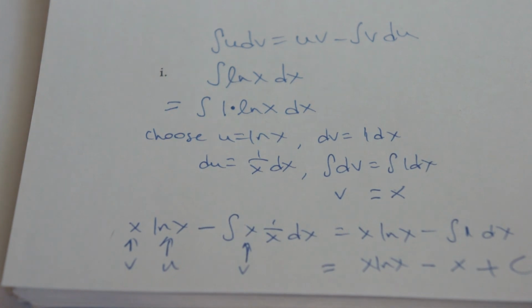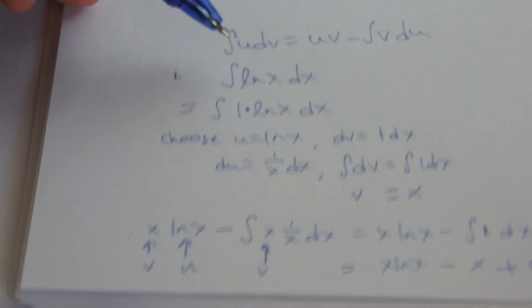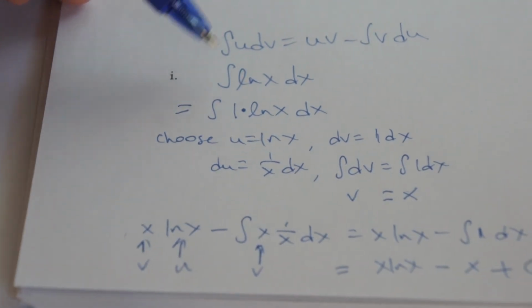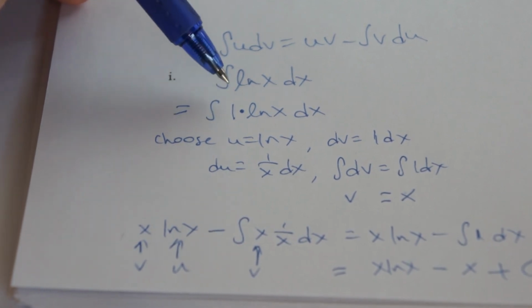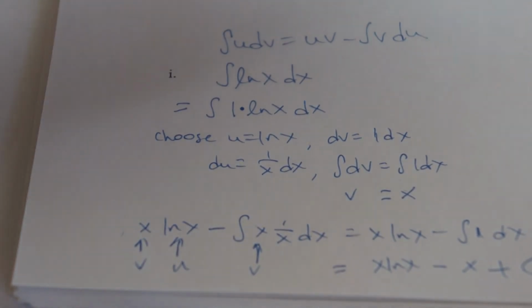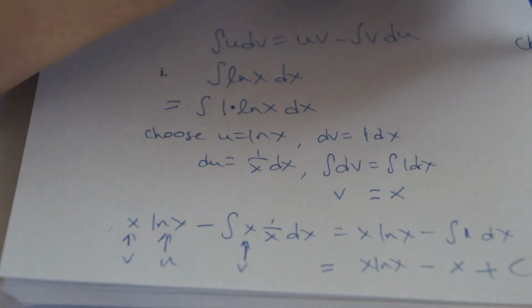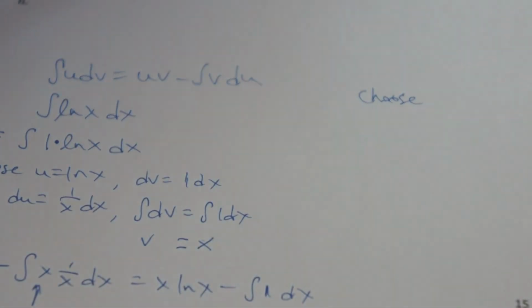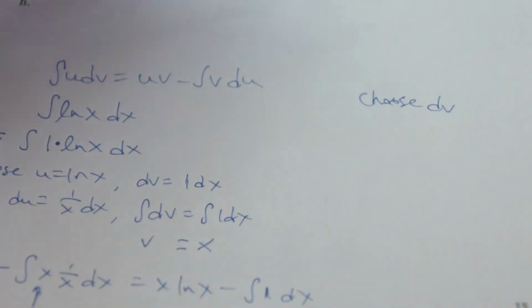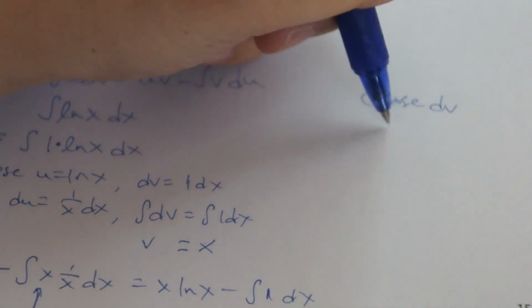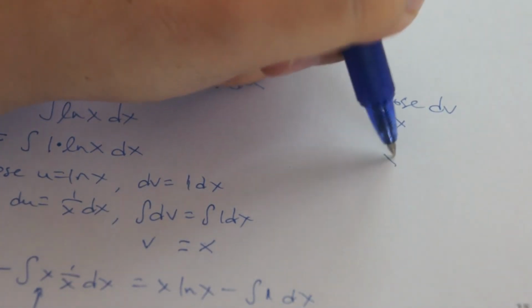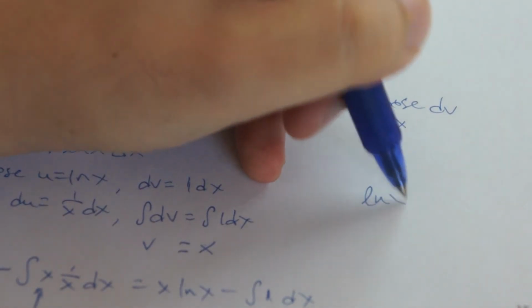And with the two functions compared, the natural log must be more difficult to integrate, so we will choose it as u, and the other as dv. As I said, dv should be easier to integrate, so for example e to the x and then ln x.